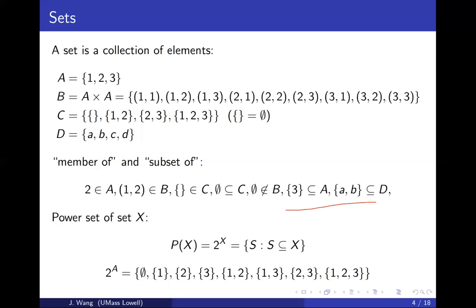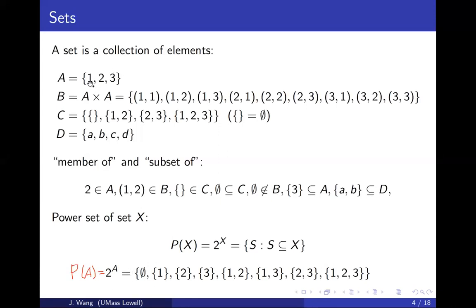the power set of A can be written as P of A. Okay, so we're going to look at this set.